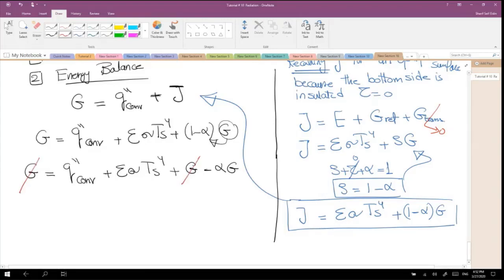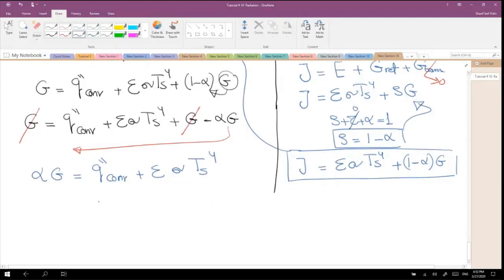So this G is going to be cancelled out with this. If we take this to the other side, we will be left with alpha G is equal to q double dash convection plus sigma epsilon Ts to the power 4.